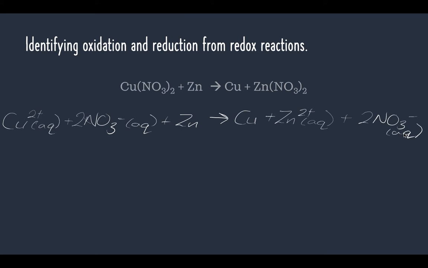Now, like in the last example, there are spectator ions present. The spectator ion this time is our NO3-, so that's not taking part in the oxidation or the reduction, it's just there. Now, our copper 2+ ions are becoming copper atoms. To do this, they have to gain 2 electrons.